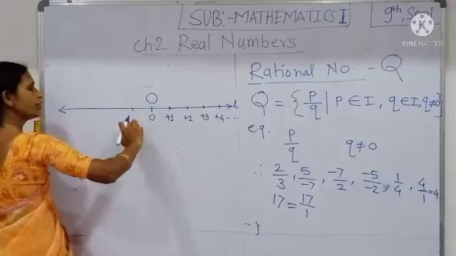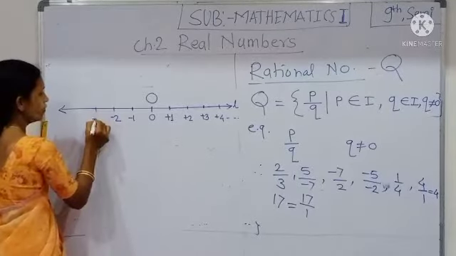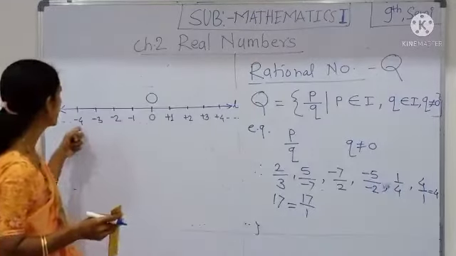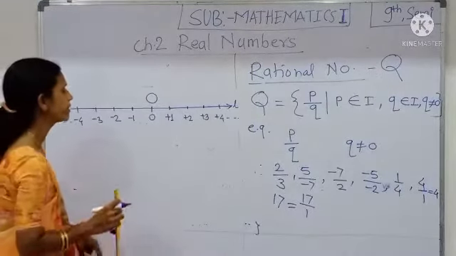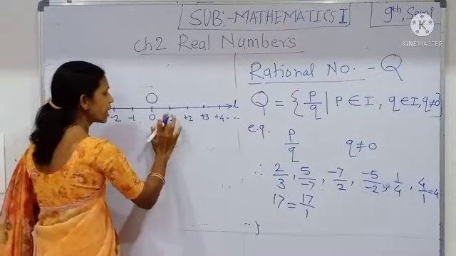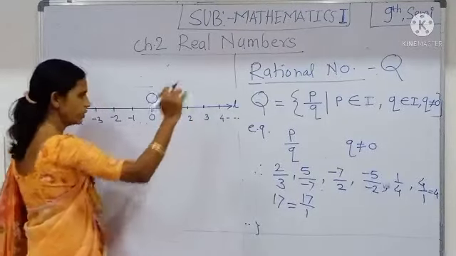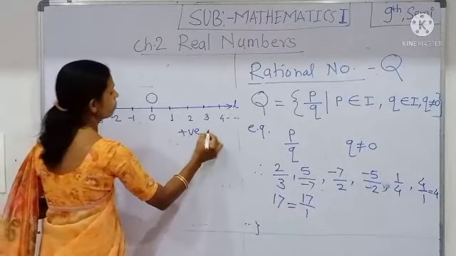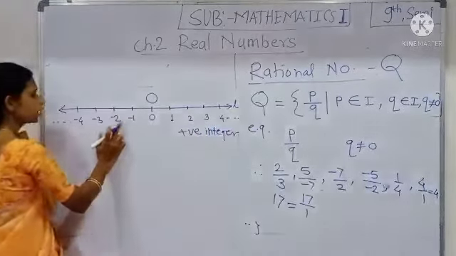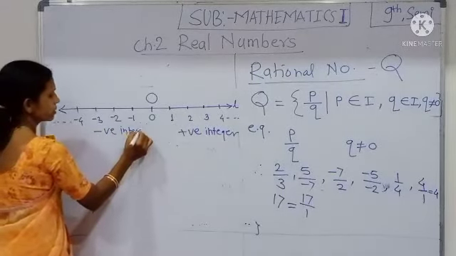Similarly, to the left of 0, minus 1, minus 2, minus 3, minus 4 and infinitely many numbers are there. Between 0 and plus 1, the plus sign is avoided. That means these are positive integers, and minus 1, minus 2, minus 3, minus 4 are negative integers.